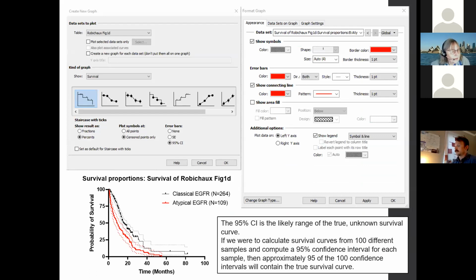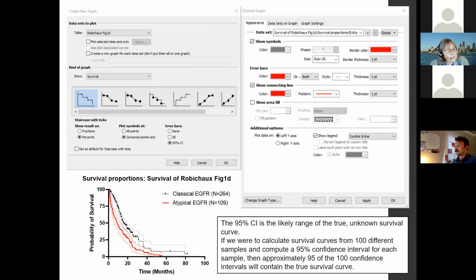If you want to calculate some 95% error bars around your curve, because what we're doing is a sample of people with atypical EGFR, not the whole world of people with atypical EGFR and non-small cell lung cancer. So because we're doing it by sample, we know this is an estimate of the truth.